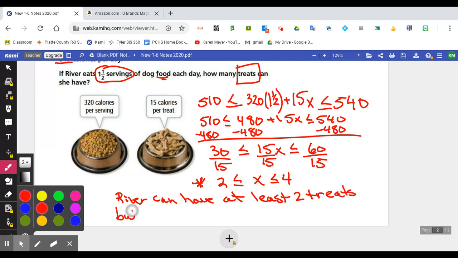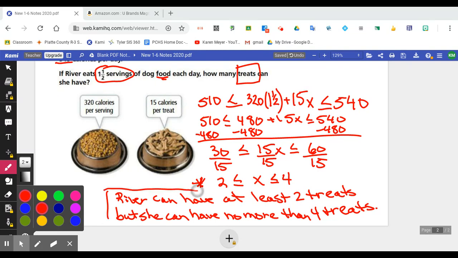But she can have no more than 4 treats, because 4 is the top amount that she can have. So remember, with word problems and they want an answer, please make sure you put it out there in words.